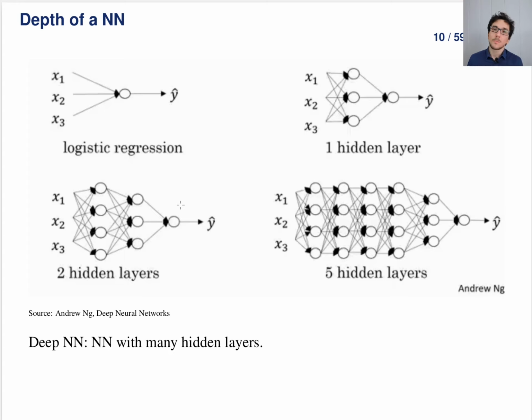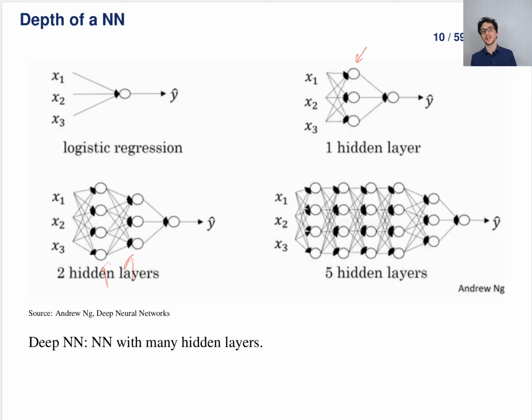So now you can combine this fundamental unit that is the neuron in different ways. You can just have one neuron, and what you obtain is a logistic regression that we've seen in the last lesson. Or you can have more neurons, but just one layer. Or you can have two layers. Or you can have many layers. If you have few layers, we talk about a shallow neural network.